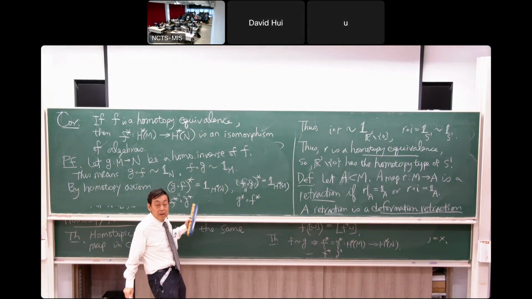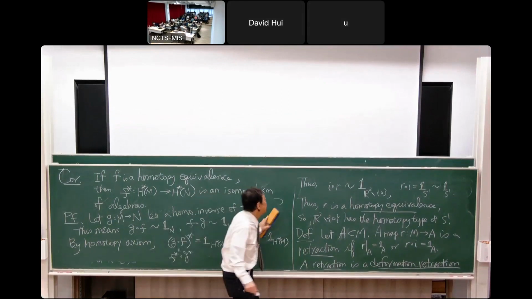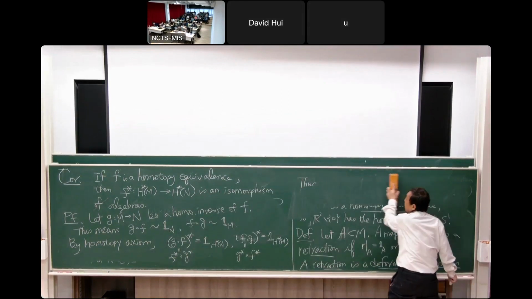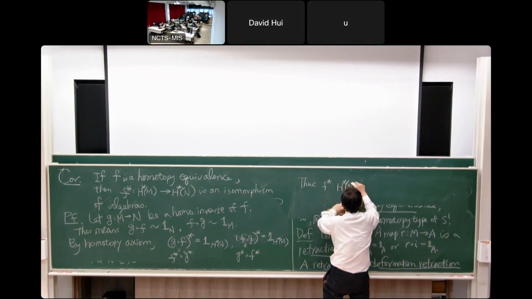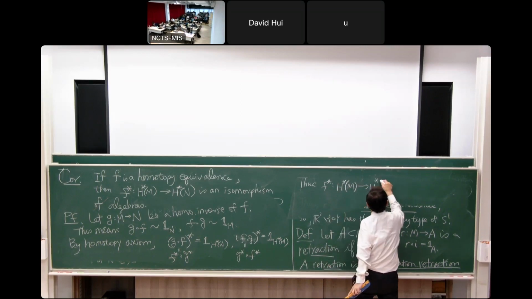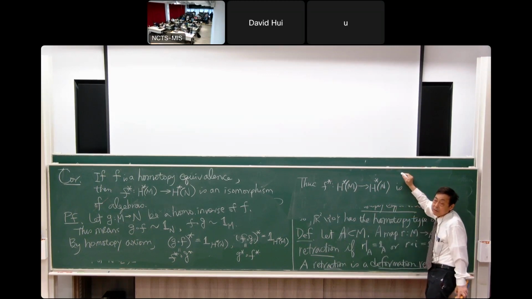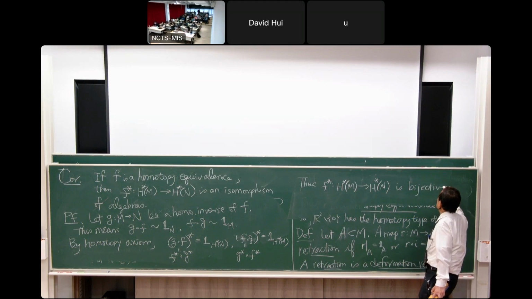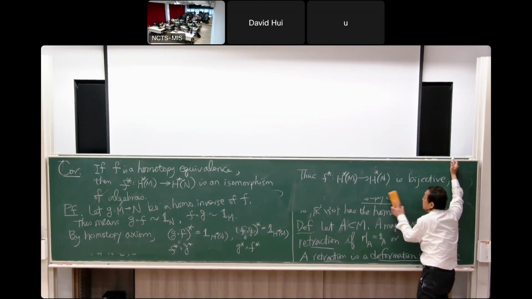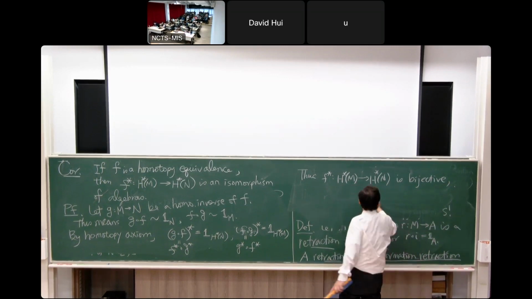And that shows that F star is an isomorphism on cohomology. It's a bijection, and because it's an algebra homomorphism, it's an algebra isomorphism.